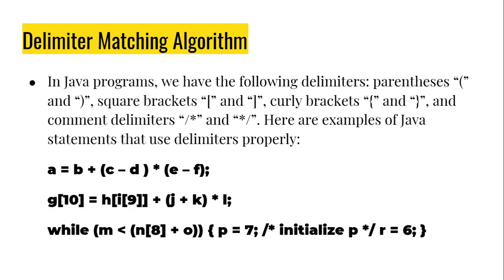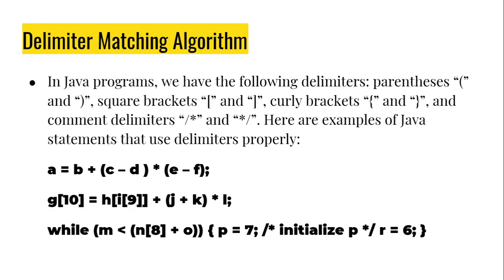So this is a while statement. It has all of the delimiters present in Java programming. We have the open parenthesis that holds the condition of the while statement. We have the square brackets for accessing the array, and we have the curly brackets in order to justify the scope of the statement.